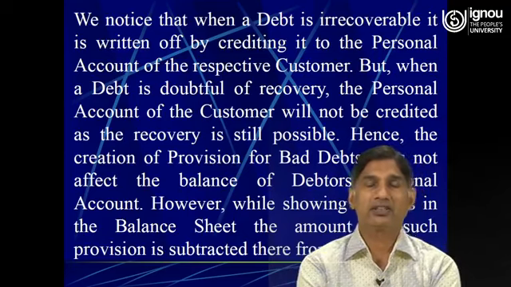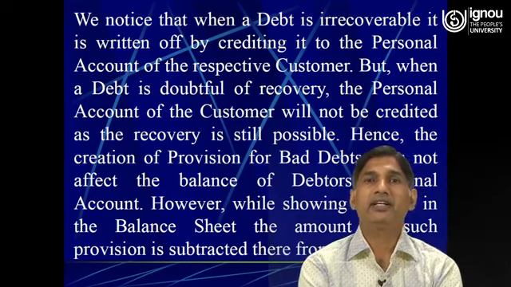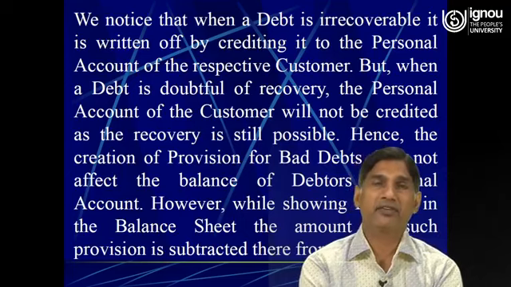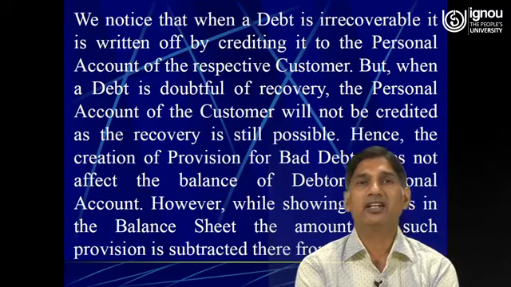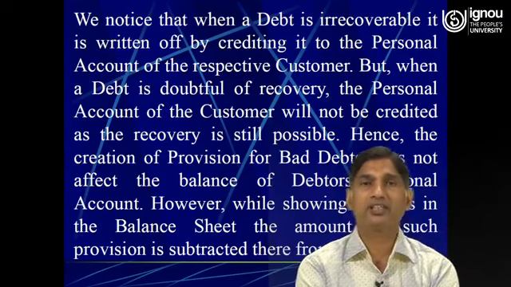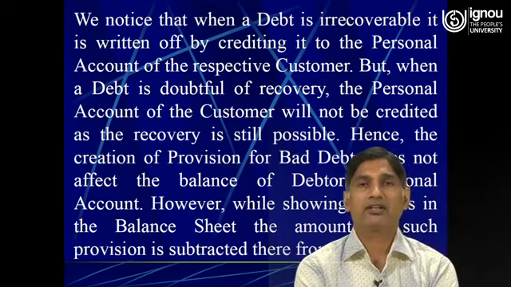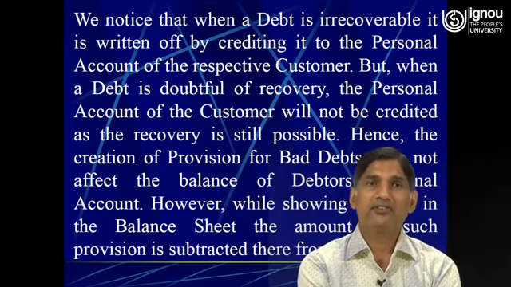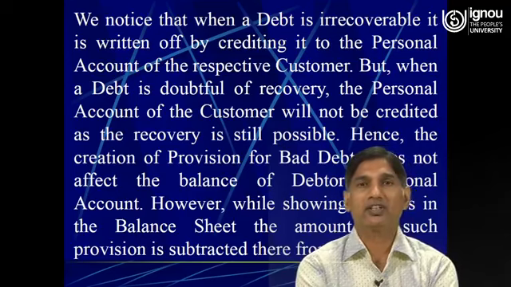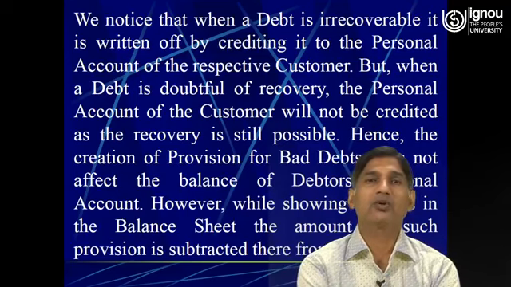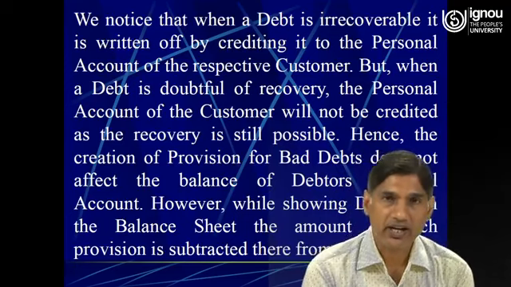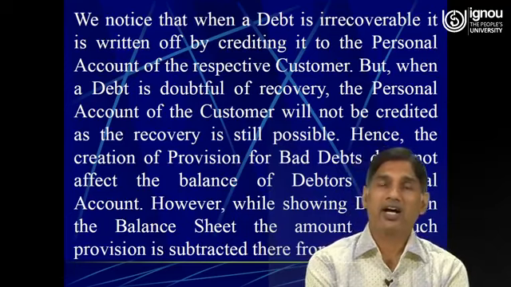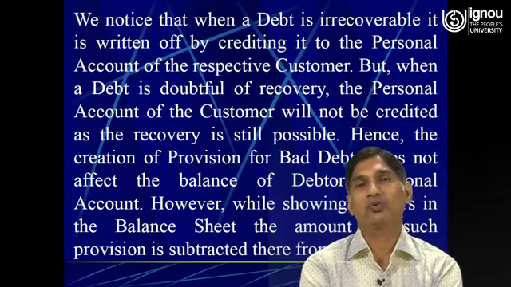We notice that when a debt is irrecoverable, it is written off by crediting the personal account of the respective customer. But when a debt is doubtful of recovery, the personal account of the customer will not be credited, because we cannot credit the account of the customer unless the amount has gone to bad debts.